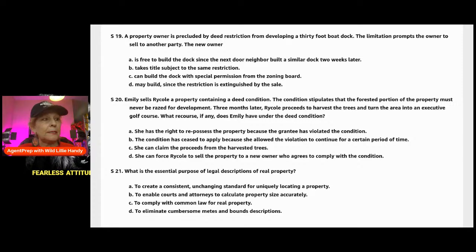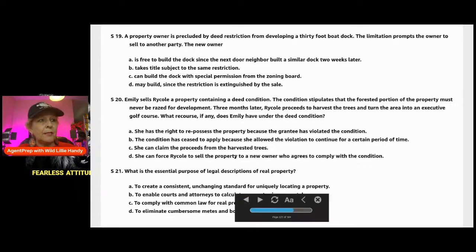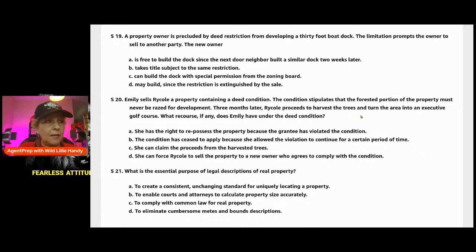The answer is A. Because it had a deed restriction and the person violated it by harvesting the trees, she has the right to repossess the property because the grantee has violated the condition.